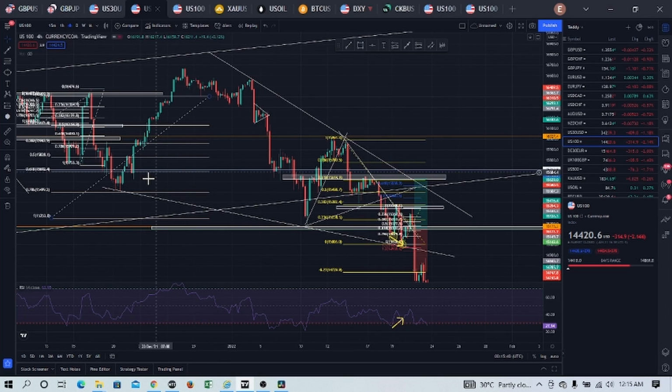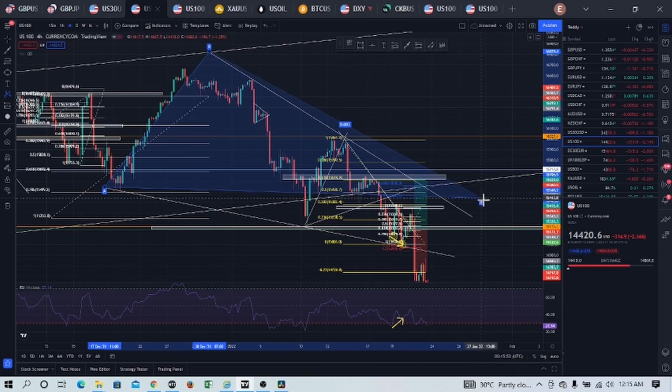Now, a falling wedge comes with a big buy. Okay, so let me just indicate that real quick on the chart so you can see it clearly. 1, 2, 3.